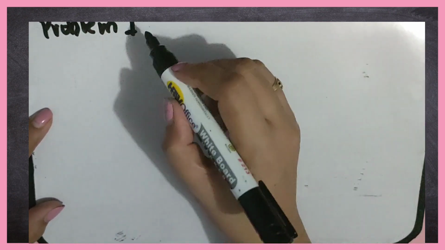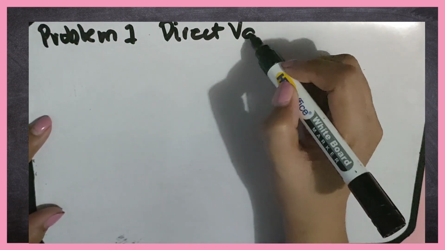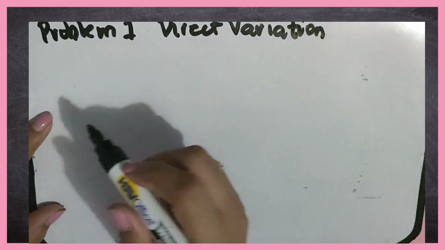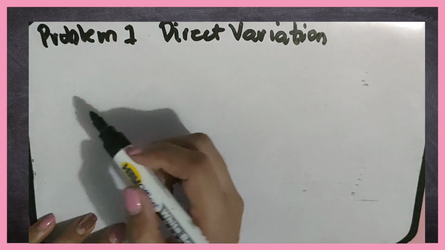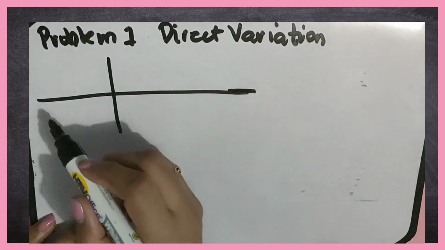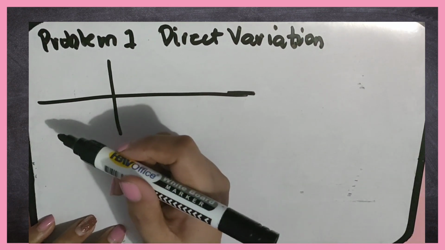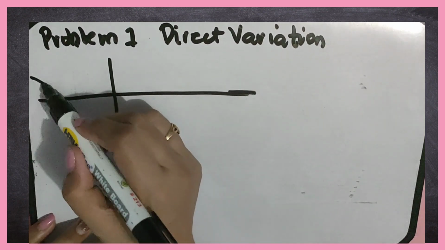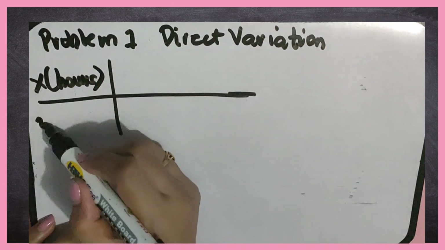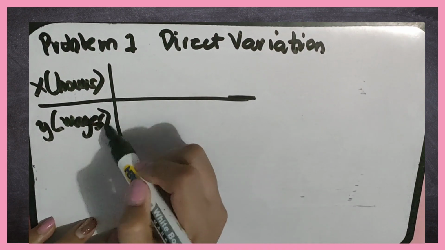Problem number 1 is an example of direct variation. Then of course, first we have to draw a table of values. The first one is for Julio's hours, and then y is for the wages, or yung sahod niya.